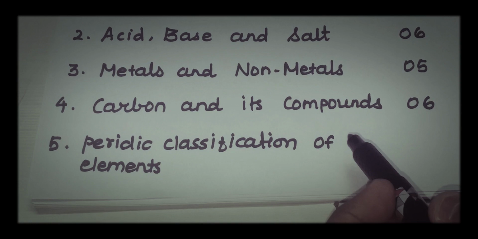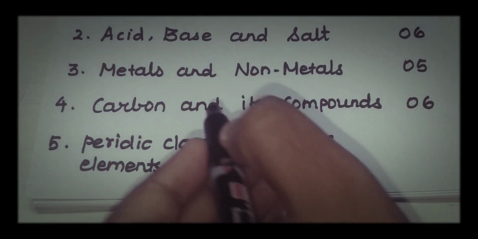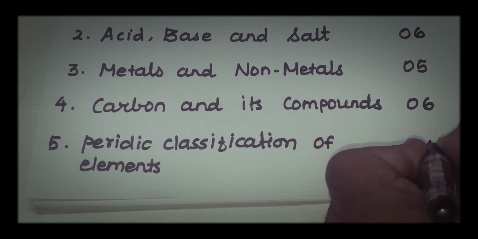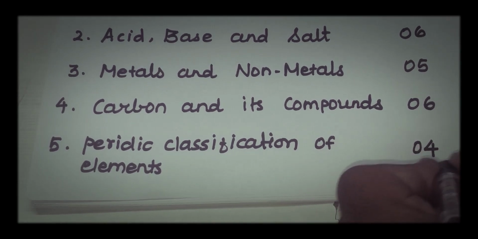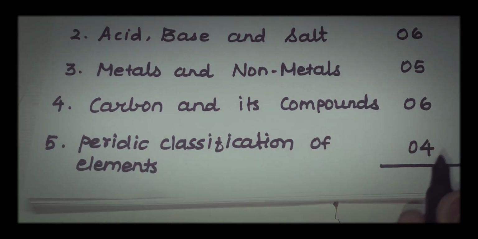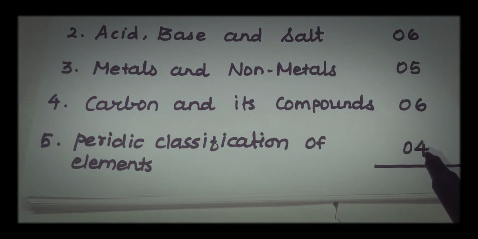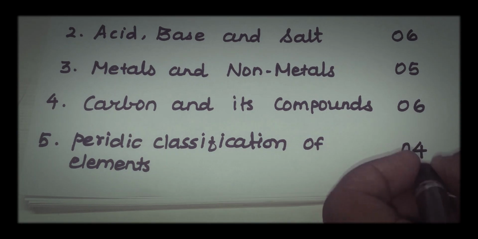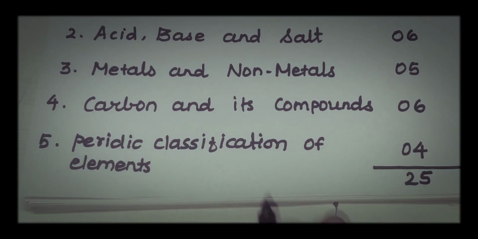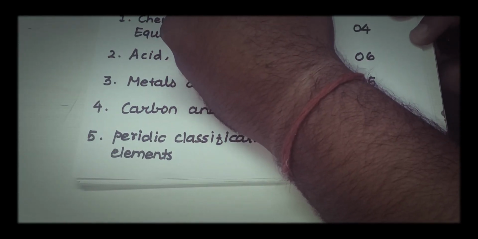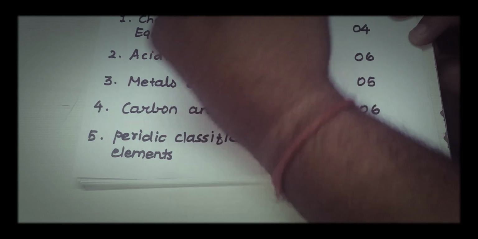The weightage of this chapter is 4 marks. It means the total weightage of chemistry is 6 plus 4 plus 5 plus 6 plus 4, which means 25 marks. So the total weightage of chemistry is 25 marks.